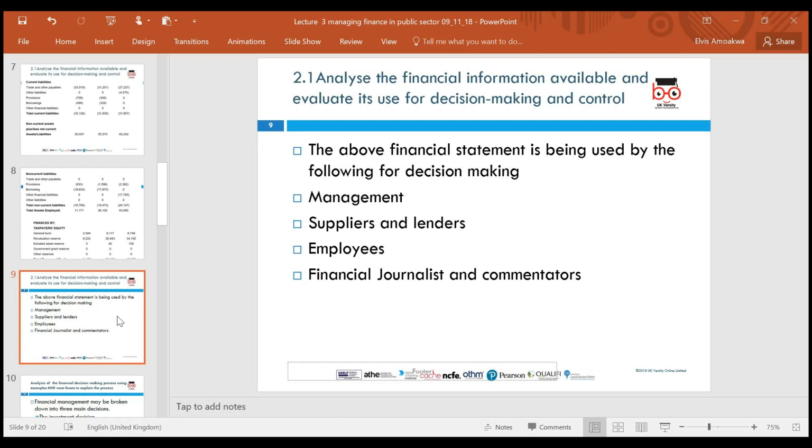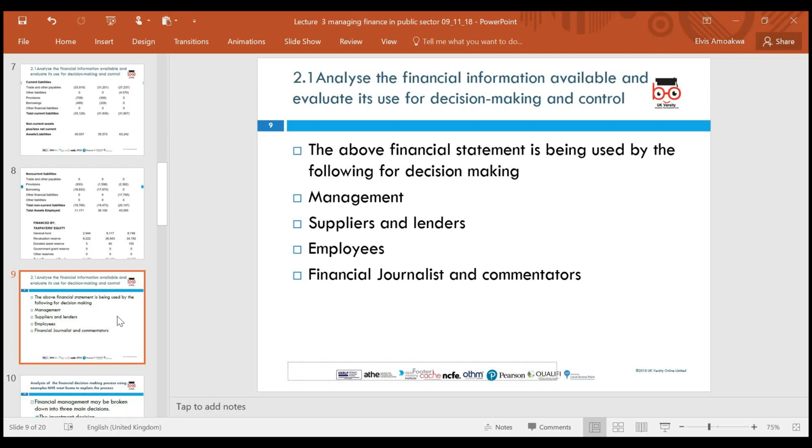For instance, if you want to buy shares in an organization, you would like to look at the financial statement to see if you buy shares in it, it will yield you any dividend at all. And then employees will also try and look at the financial situation. Is it something that I can be part of? Is this something that can pay my pension in future?